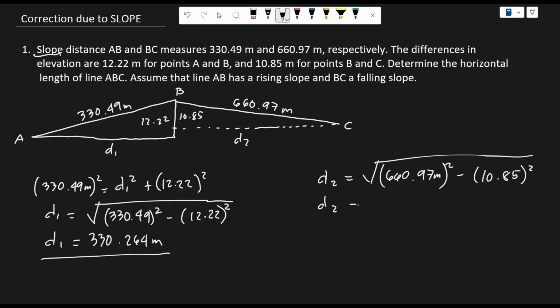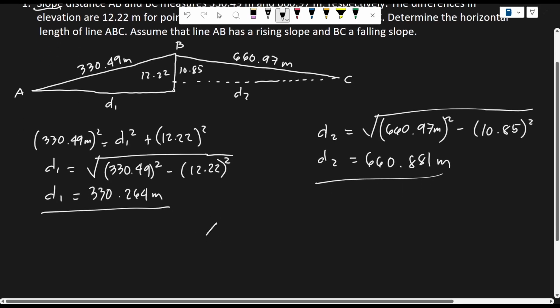Let's try to calculate it. 660.97 squared minus 10.85 squared, then you will get 660.881 meters.